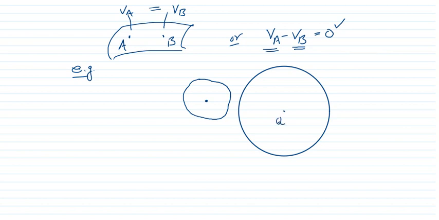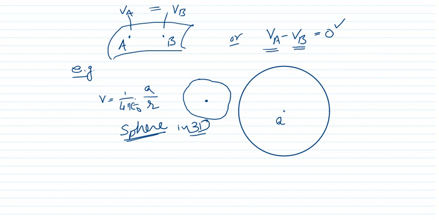Now you can see that the expression for potential is equal to 1 upon 4 pi epsilon naught Q upon R. As this is the center where the charge is placed, the distance to the circumference of the circle in two dimensions, and the sphere in three dimensions, the radius is same.